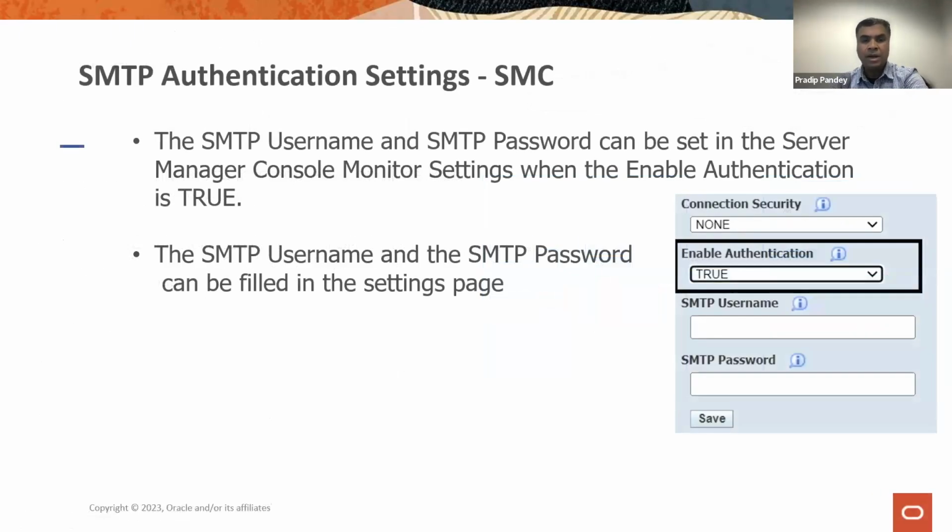Again, the way it is implemented is we have a configuration which has been added for SMTP authentication settings in the Server Manager console, where you now have to key in the SMTP username and SMTP password, which can be set in the Server Manager console settings. When enable authentication is set to true, the SMTP user password is filled in on the settings page, and this is primarily to set up the email for the SM console's monitors.